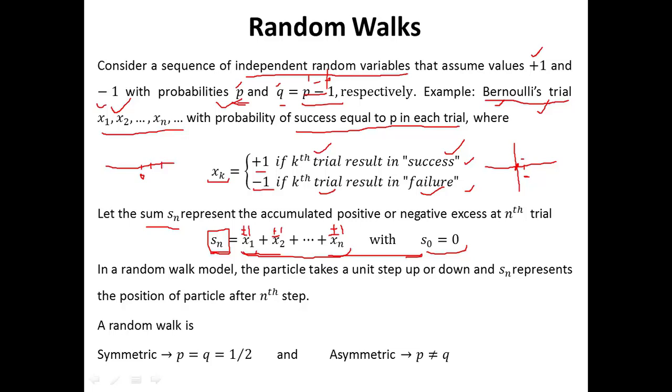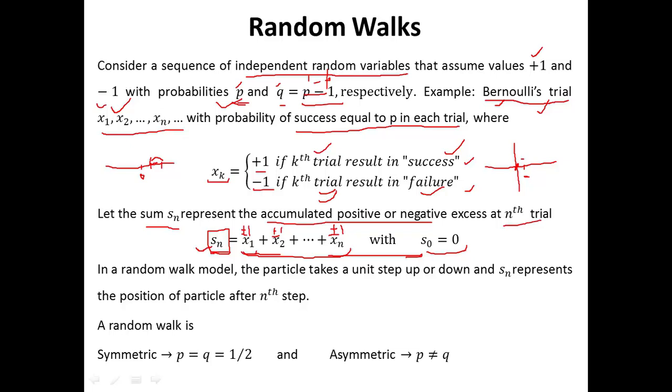But if the third trial results into failure, then it will move back to plus 1, because it has to move with minus 1. So depending upon how many successes and how many failures that particular experiment outcome will be, at the nth trial the accumulated positive or negative will be represented by Sn.